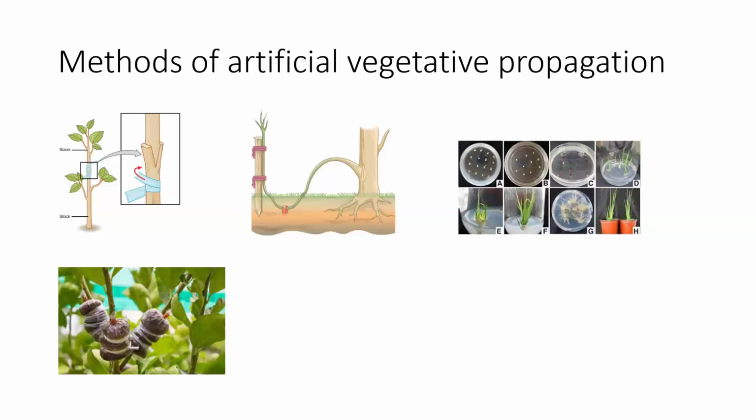The one they are cutting is called a scion, S-C-I-O-N, and it's fixed on another plant using grafting tape. Later they join and produce characteristics of both of them. So that is grafting.